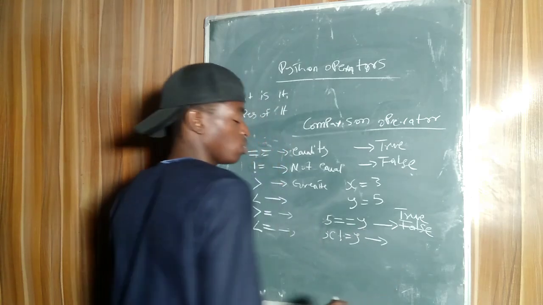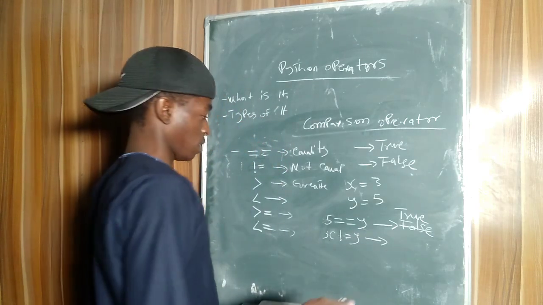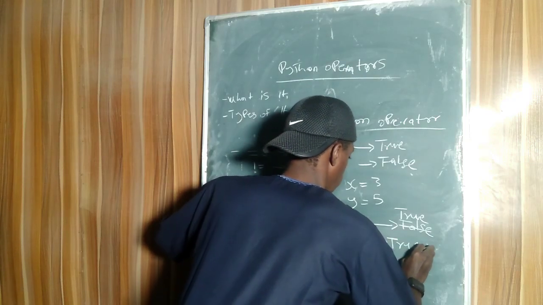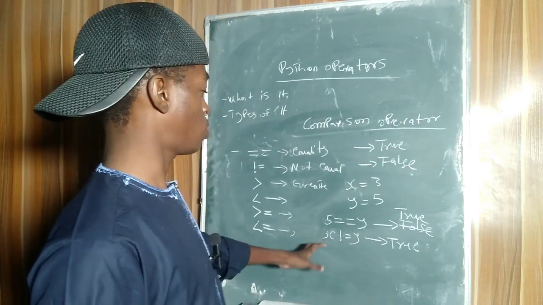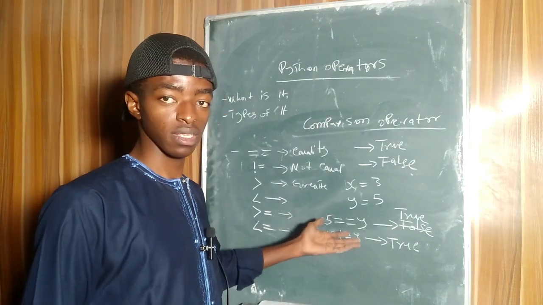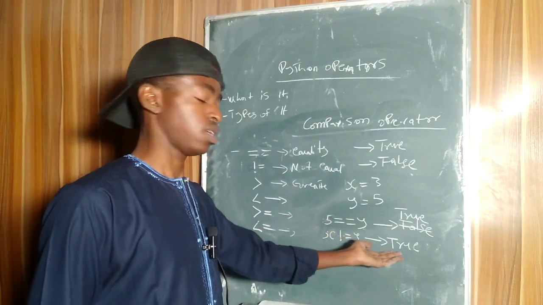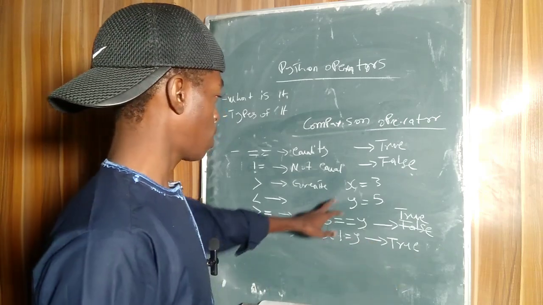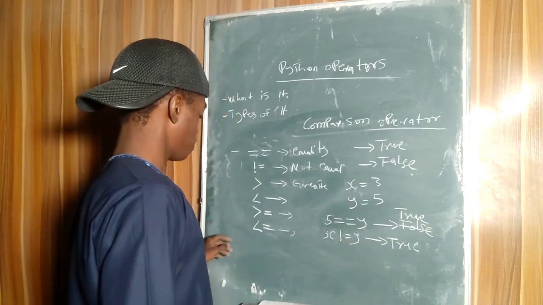Then what do you think I'm going to get? Yes, definitely the answer is going to be true. The reason is that I'm asking, is 3 not equal to 5? Then the computer will say yes, they are not equal. That means true. 3 and 5, they are not equal.